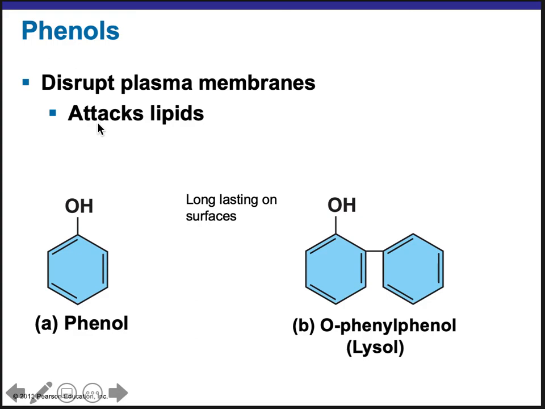Phenol, on the other hand, is actually attacking lipids, disrupting the plasma membrane. Phenol, if you recall from way back in chapter 1, we learned that the very first disinfectant applied to surgical tools, surgeons' hands, and even the surgical wounds by Lister was the phenol chemical, because he knew that it was an effective disinfectant.